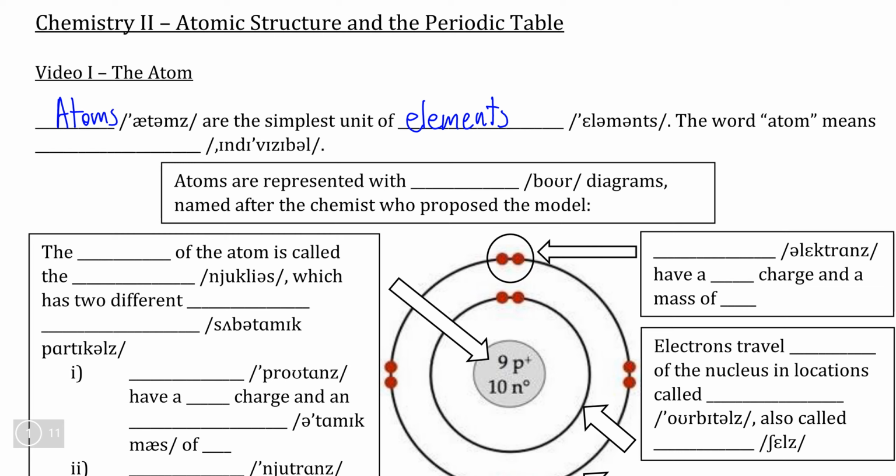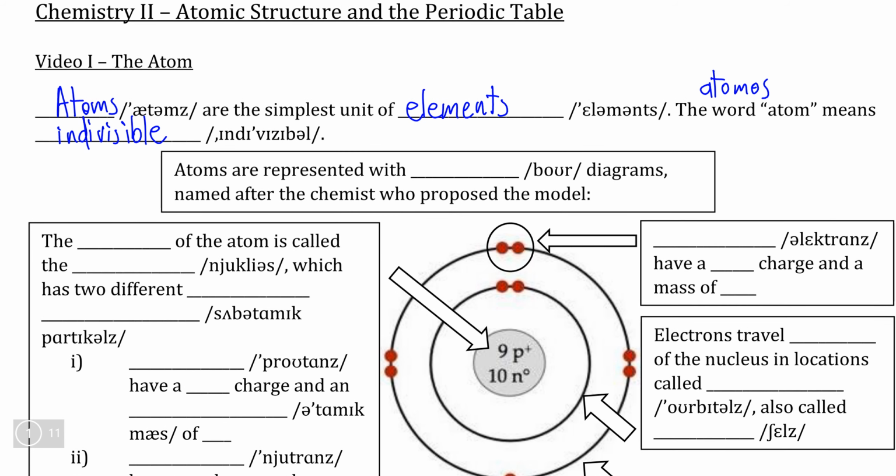The word atom in English is derived from a Greek word which is pronounced atomos, and when translated into English, this word literally means indivisible. So what this means is that an atom is the smallest unit of what makes up an element, and you can't break apart an atom into smaller pieces and still have it make up an element.